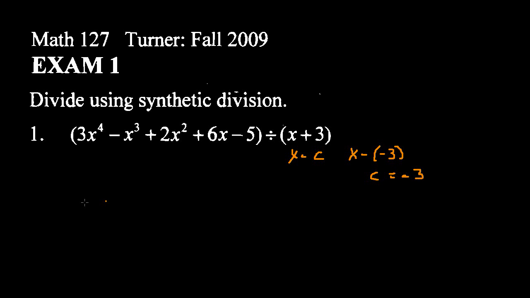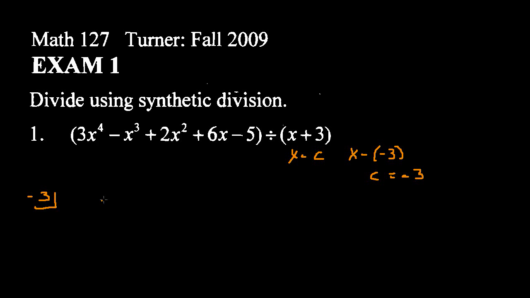Okay, next thing is make a backwards L, or I would call it half a box. Okay, I've made a backwards L, and put in that backwards L what c is. So since c was negative 3, I'm putting negative 3 in that box.